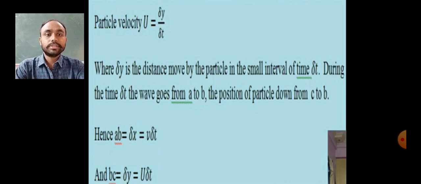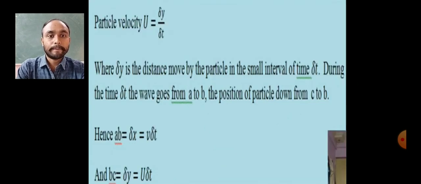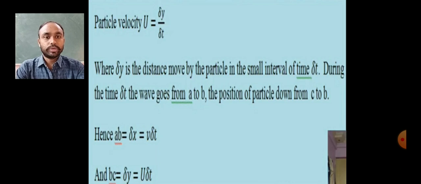Okay, and BC, again we will look at the diagram. What is BC or CB? Look at this, it is changing along the y direction, and that's why it is delta y. And from this equation, delta y will be u into delta t, and that's what we have written here.